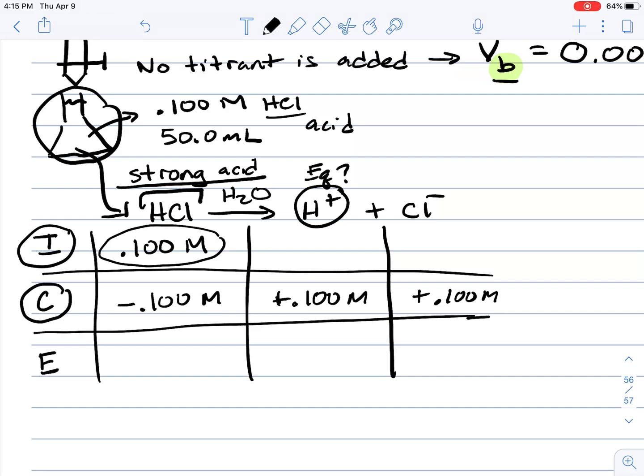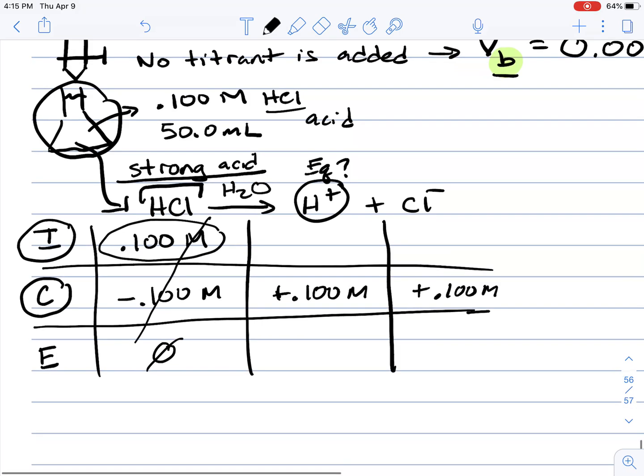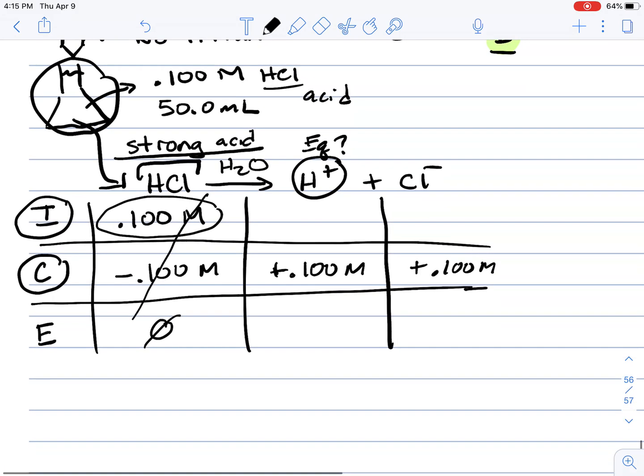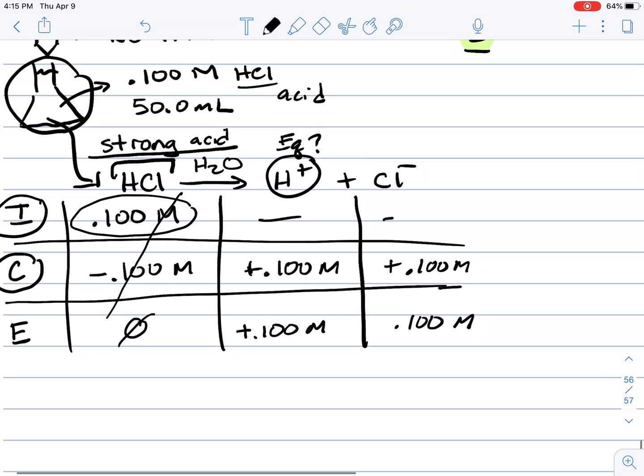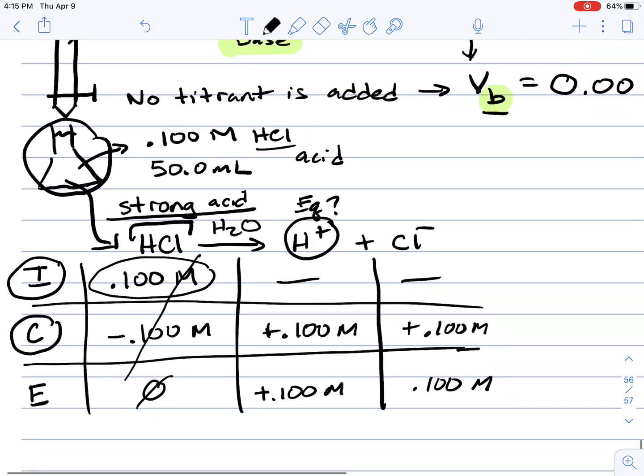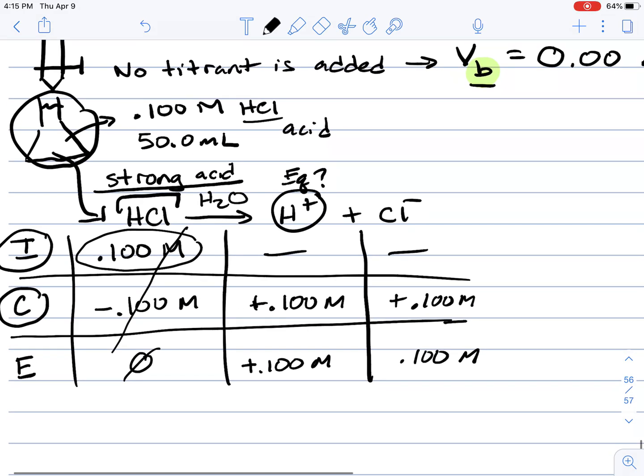And so we're going to fully consume all of the hydrochloric acid. All of it is going to break down. So at equilibrium, we have none left. And that is a characteristic of strong acids. And so what we have remaining is just 0.100 molar of hydrogen ion and 0.100 molar of our chloride ion at equilibrium. And in the problem, we didn't really have an initial concentration of product.